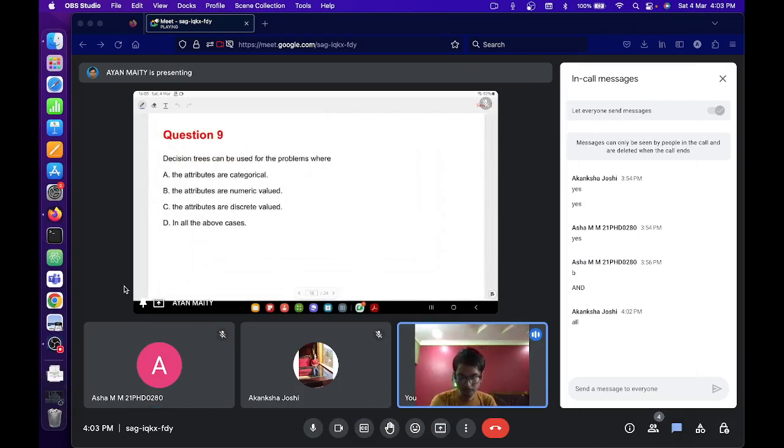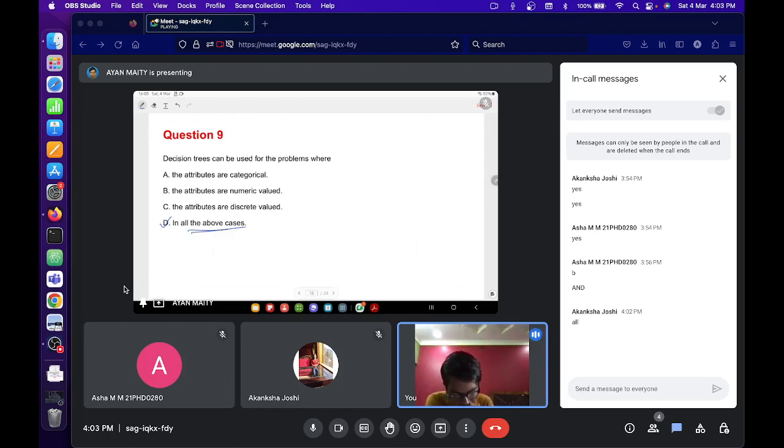So here the answer would be D, because decision trees can be used for any kinds of attributes, whether it's categorical, numeric, or discrete. In all cases decision trees can be used.